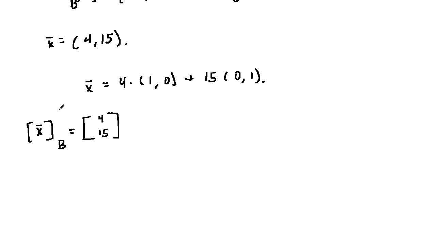We want to find the coordinates for X relative to B prime. Okay, so we want 4, 15 to be equal to C1 times the first vector plus C2 times the second vector.